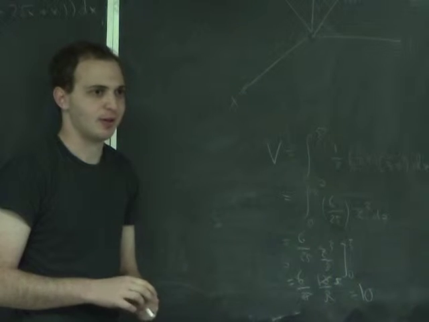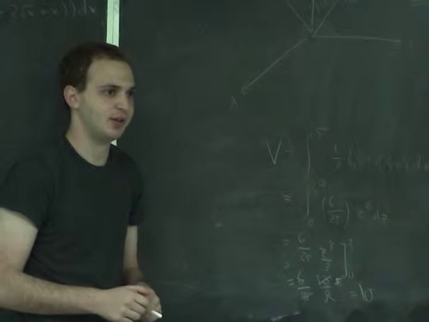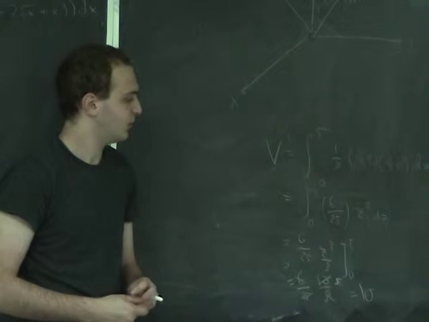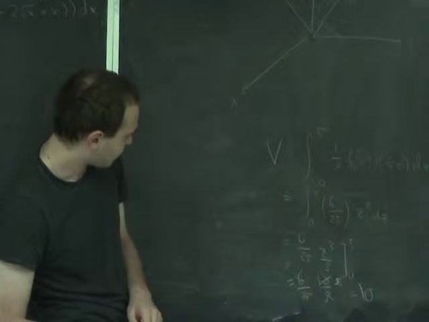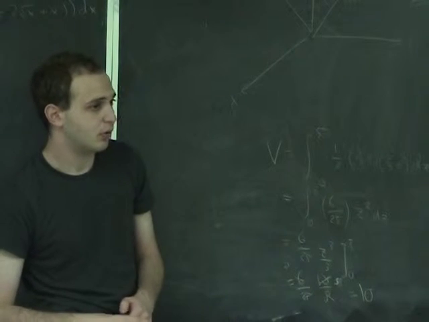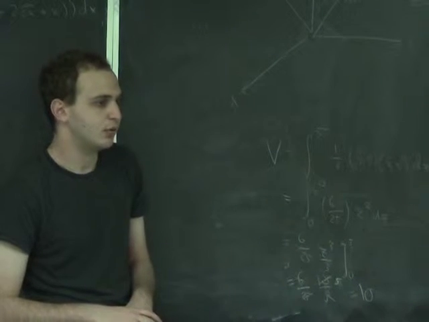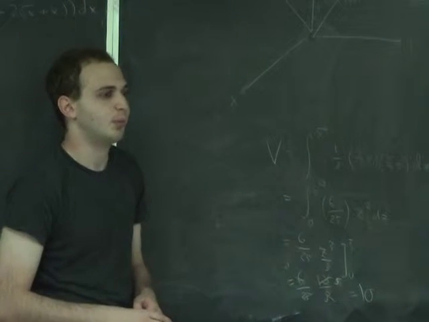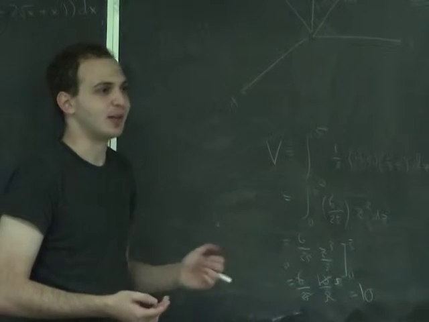Is that a little clearer than last time? I know it's still kind of difficult to grasp. Can we just use the tetrahedron volume formula? Because I got the same answer. Yeah. But it's a calculus class.